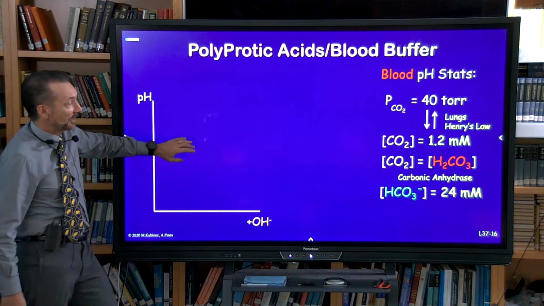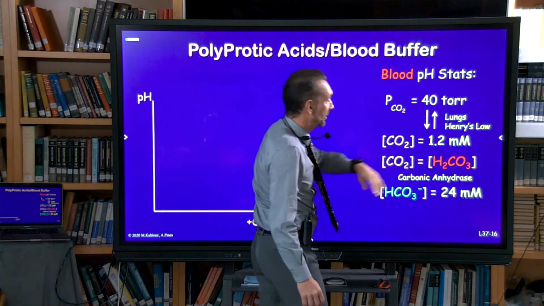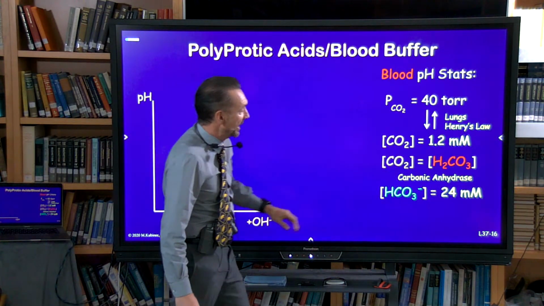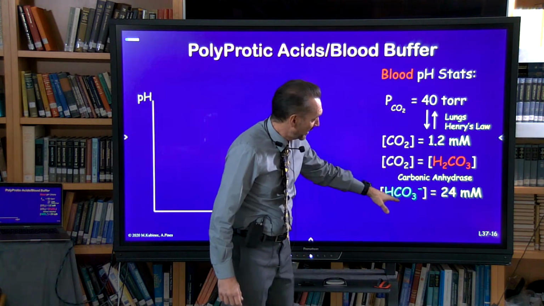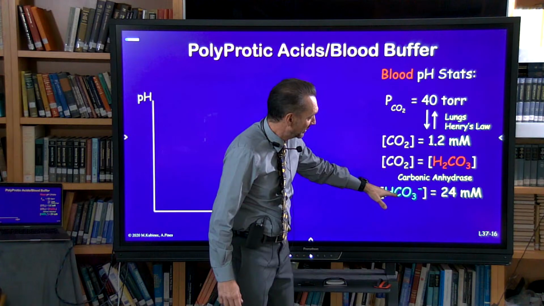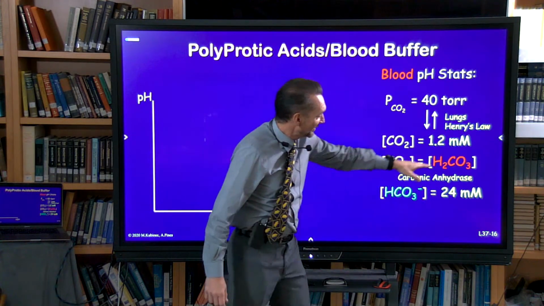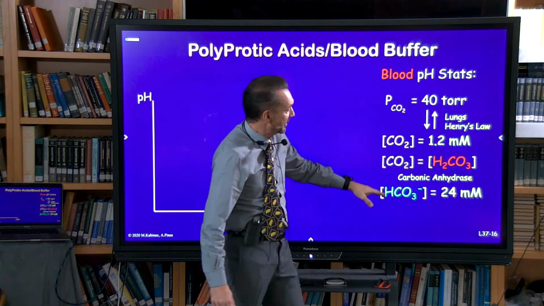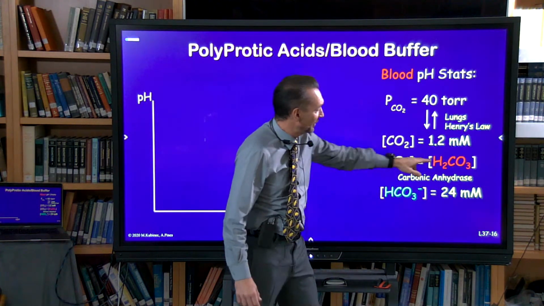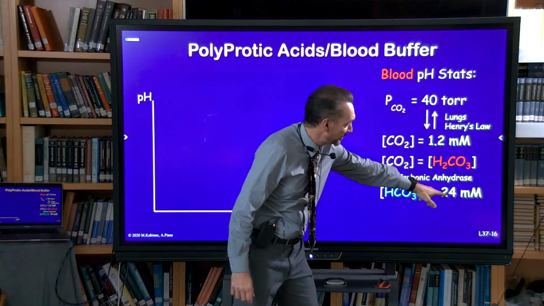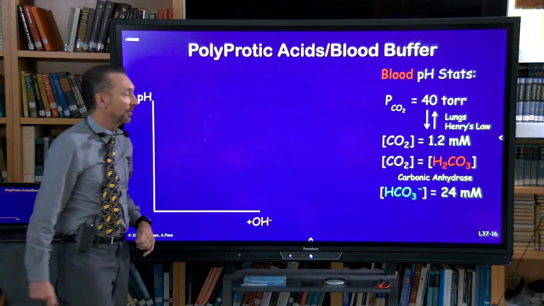It makes the CO2 into carbonic acid. And then the concentration of this carbonate here from the carbonic acid, those two, the carbonic anhydrase kind of maintains, by converting these two, this concentration at about 24 millimolar.